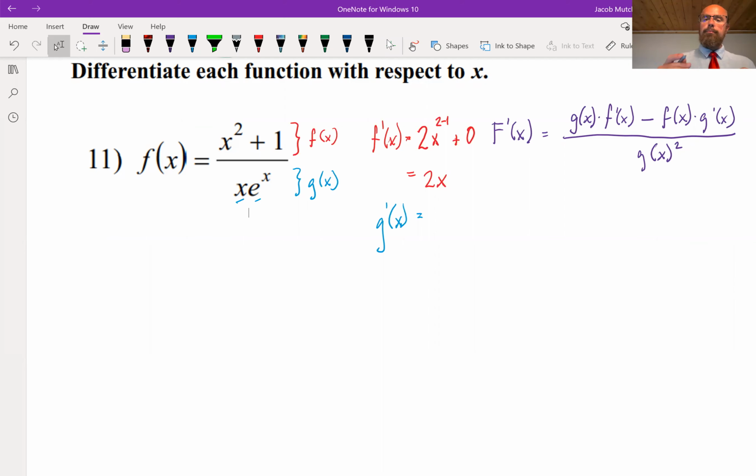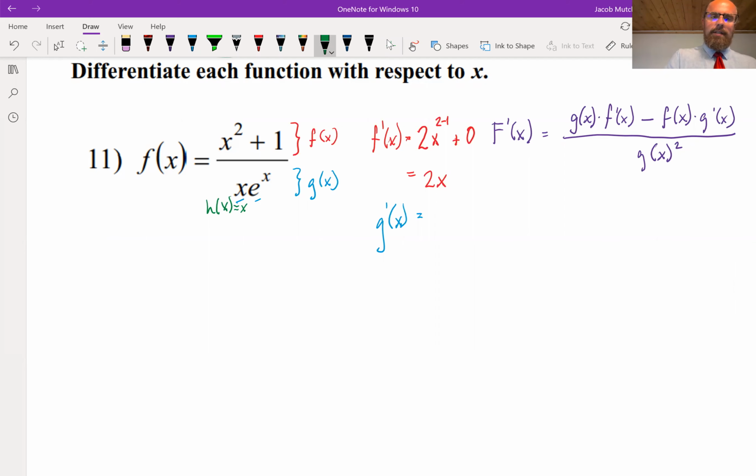So I need to apply the product rule. Let's give this x another name. We'll call it h of x. So h of x is x.